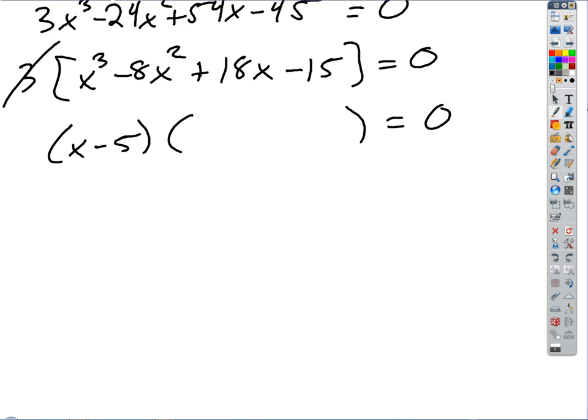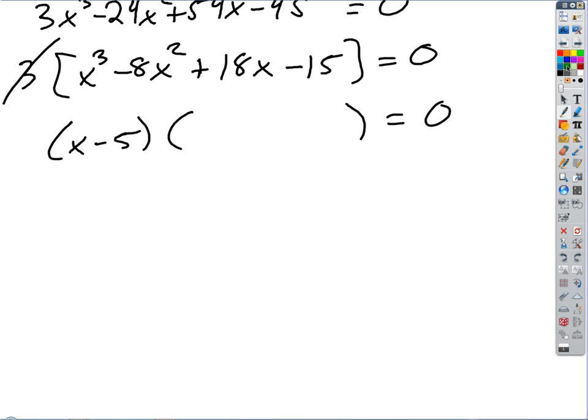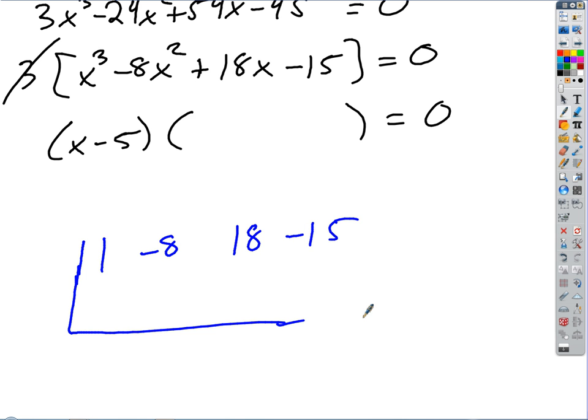You have to agree that synthetic division is not very hard to do. So there's our bracket. The coefficients are going to be 1, -8, 18, -15. The zero is 5, and we know a 0 goes there, so what do we end up with?